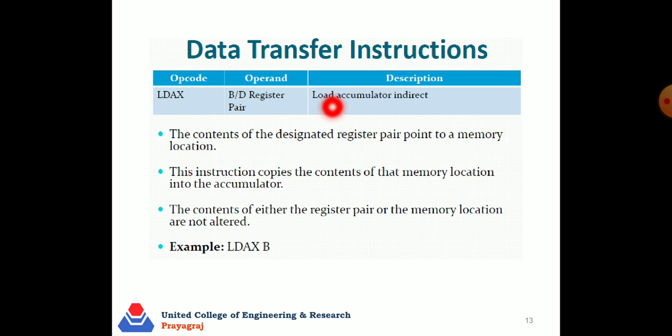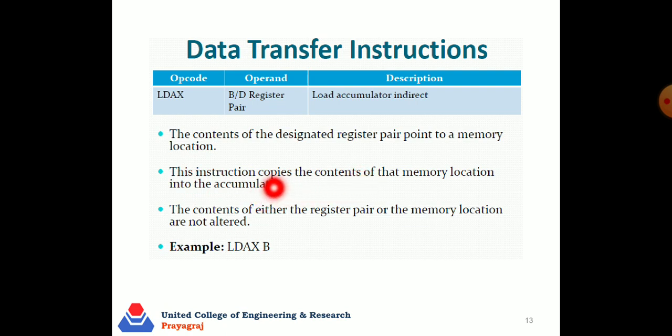Description: load accumulator indirect. That means the content of the designated register pair points to a memory location. That means the BC or DE register pair points to a memory location. This instruction copies the content of that memory location into the accumulator.